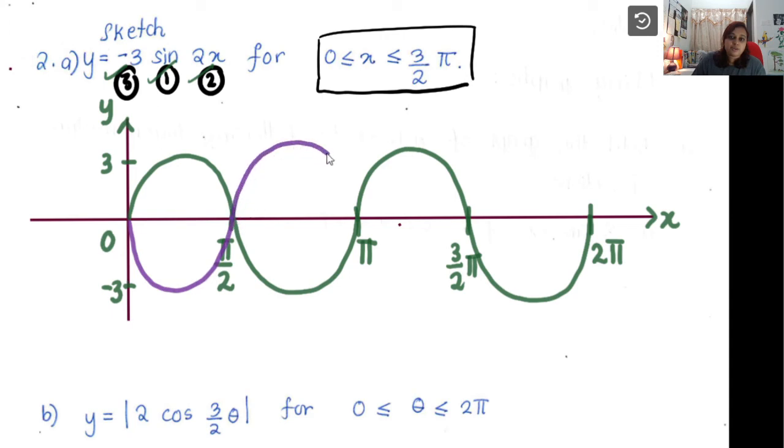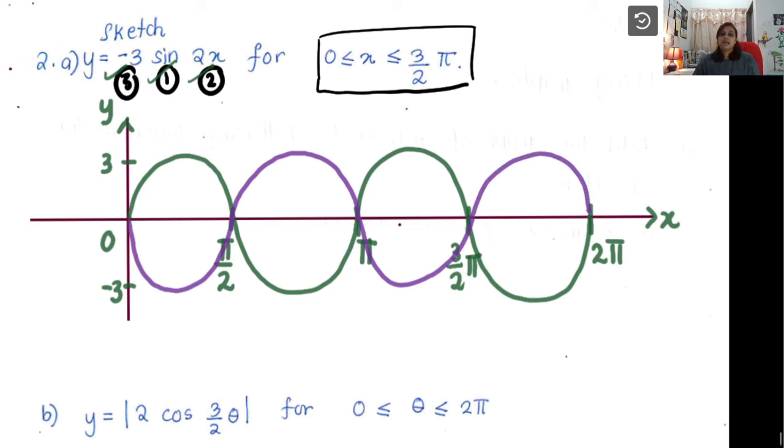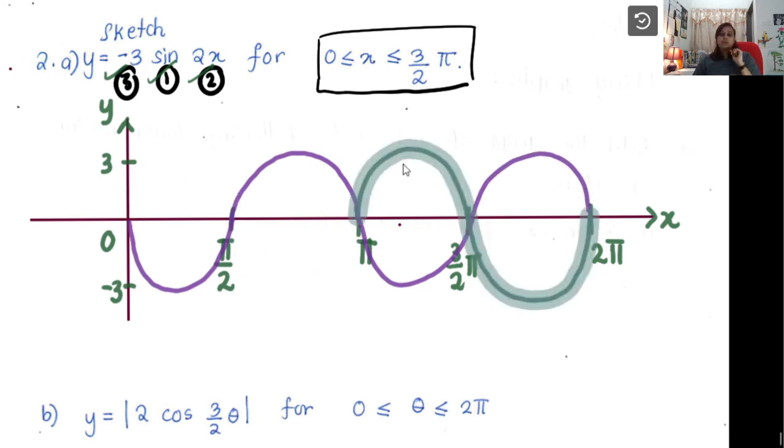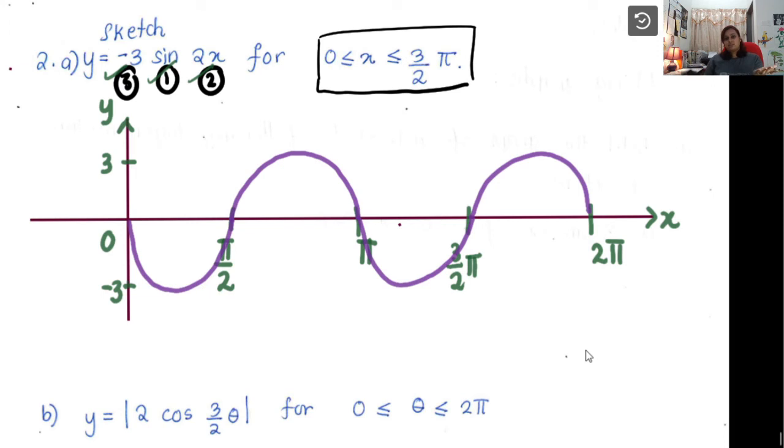Can you see? That means your graph is upside down. It's not the green one, it's now the purple one. So you have to change the position of your graph. Now the graph is reversed. So the green one you don't need already. Now this is your graph.